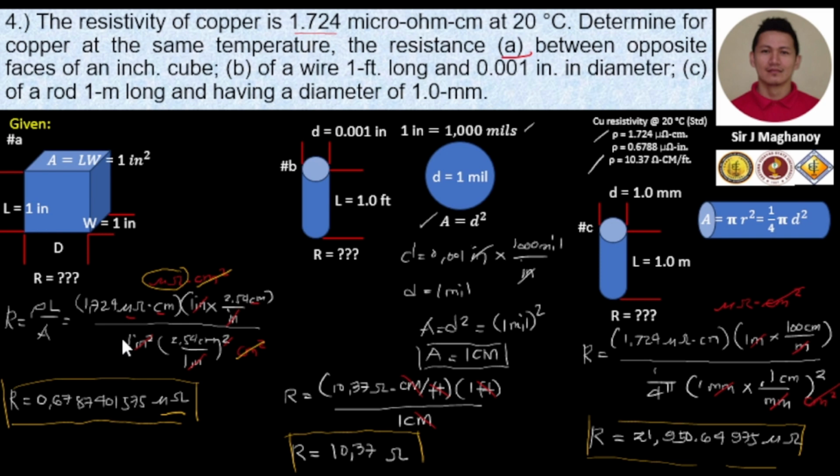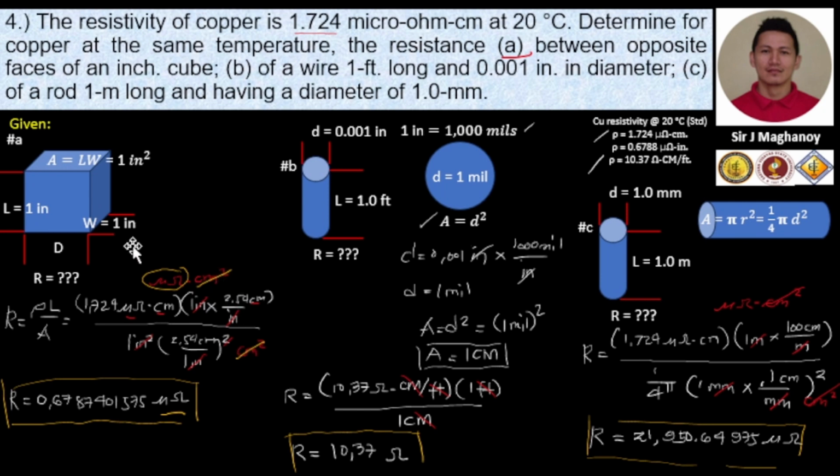So the cross-sectional area, we determine it from the face of a cube. So we have a cross-sectional area of 1 square inch. Since the unit of resistivity is in centimeter, we need to convert inch to centimeter. So in every inch are 2.54 centimeter, to the second power. So we cancel out both inch, and the remaining is square centimeter at the denominator, at the numerator is square centimeter.